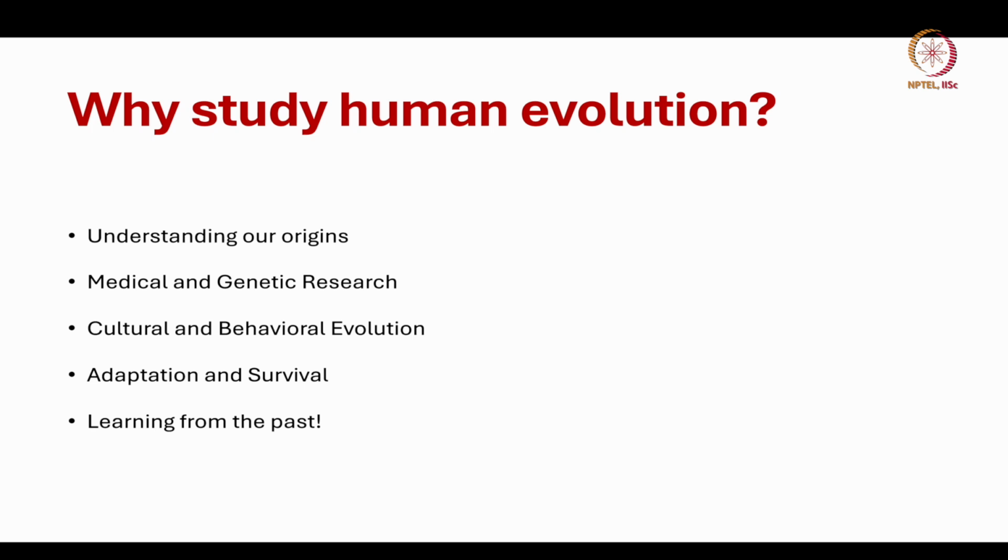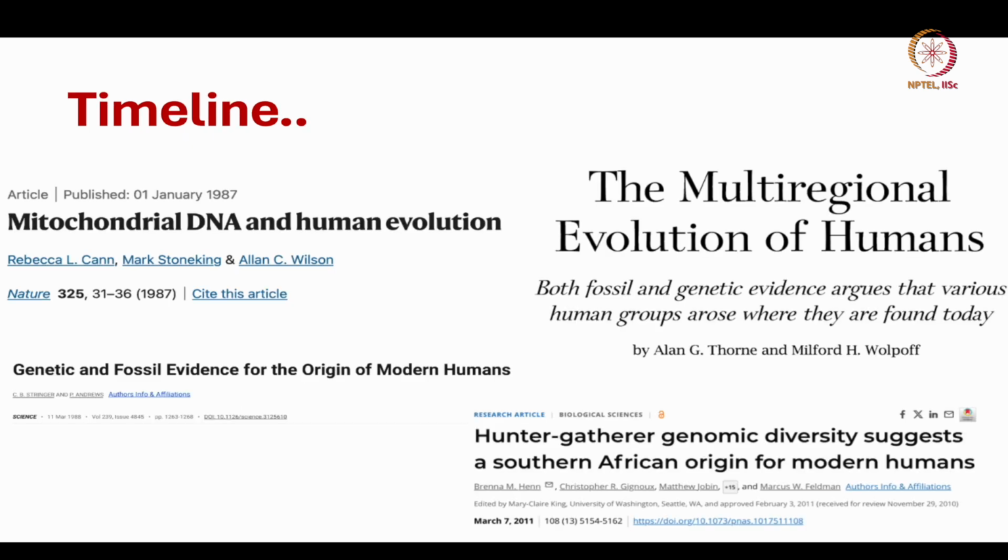Lessons from our evolutionary history can help us tackle challenges like climate change, pandemics, and other environmental stressors. So that concludes why learning from our past and studying human evolution is very important.